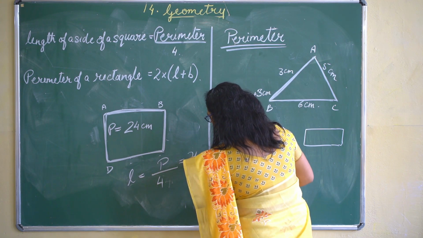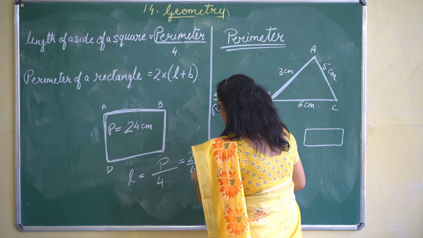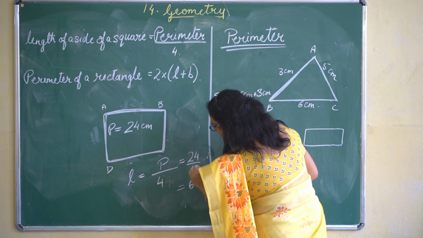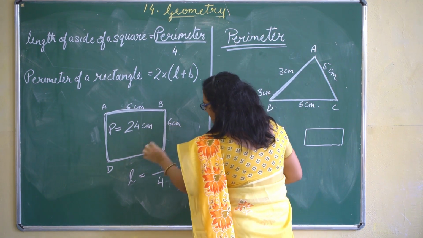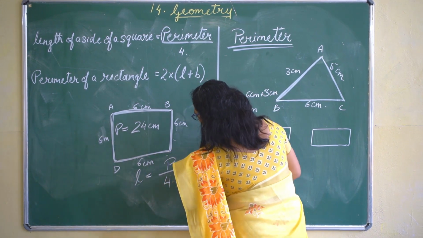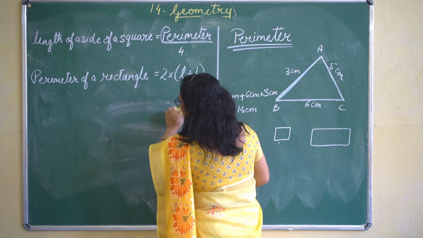So 24 is the perimeter and we divide by 4. In the table of 4, when does 24 come? 6, which means all the sides are 6 centimeter. In this way, you can find the length of the side of a square if the perimeter is given.